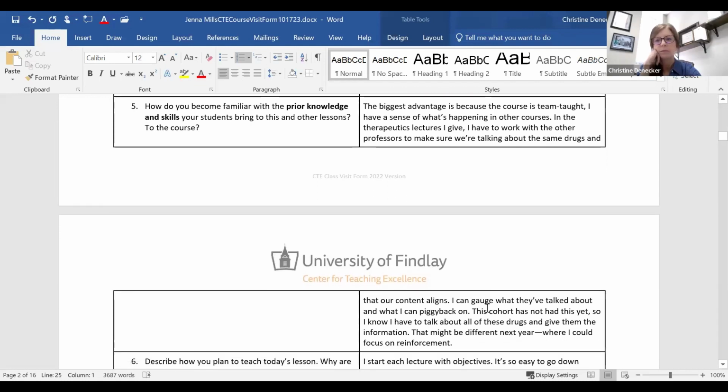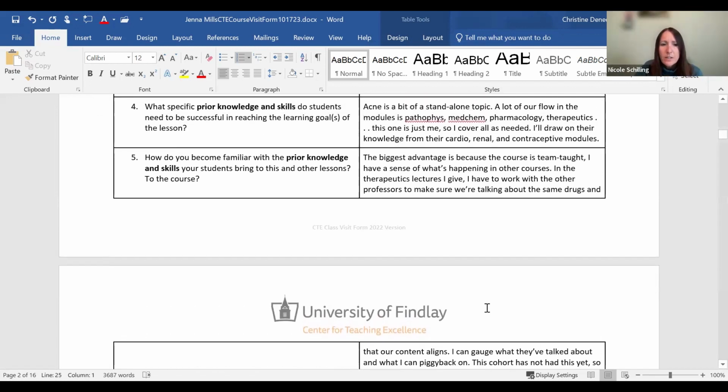Could be as the instruction is occurring, they're asking those questions. I think it could be, but this is a face-to-face.